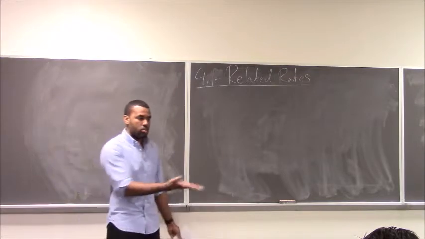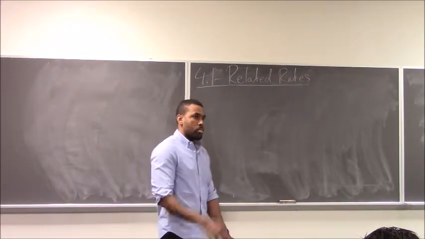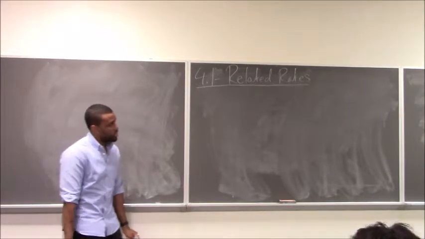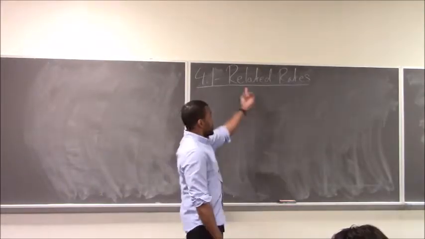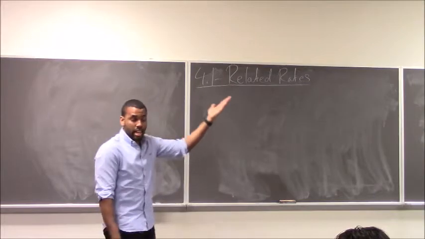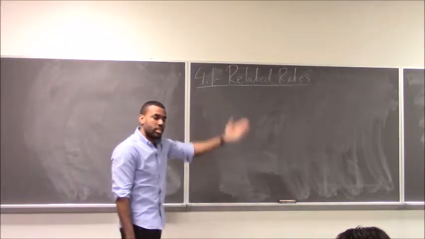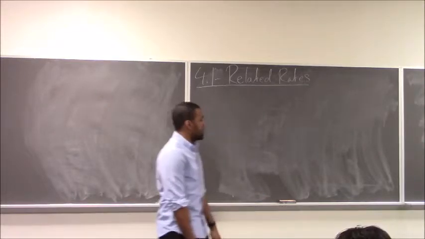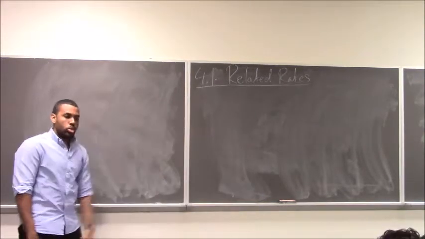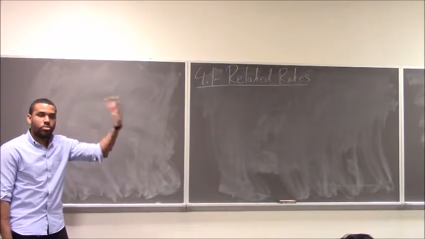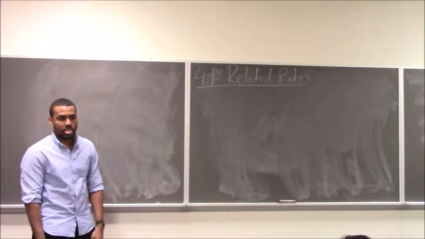You can use the same relationship between the original variables to talk about the relationship between their derivatives, by just differentiating the equation. So the idea about related rates is basically that: if quantities are related, their rates are related. Usually, if you know the relationship between 2 or more things, and you know how fast one of them is changing, you can figure out how fast the others are changing.